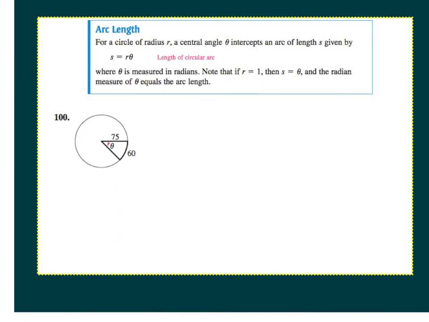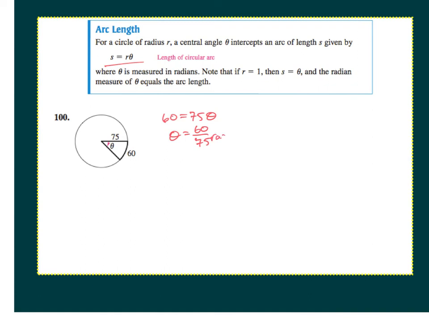So what's my arc length? 60. So 60 is equal to, what's my radius? 75. And then theta. So what is theta? 60 over 75. Now, what measures that? Is that 60 over 75 degrees? No, that's 60 over 75 radians.